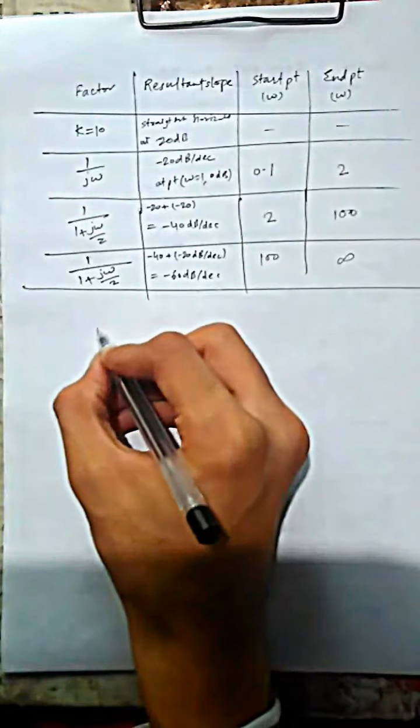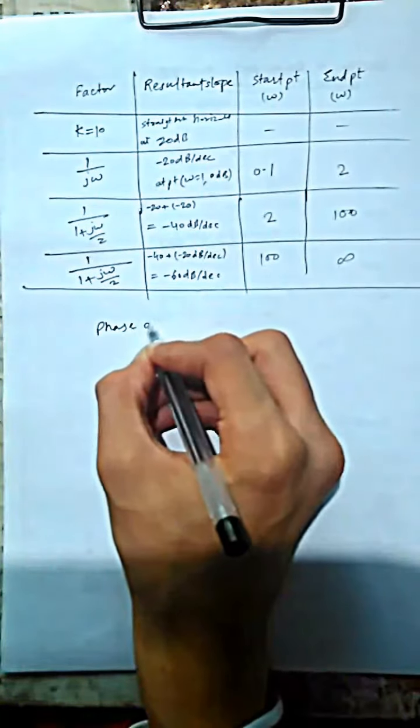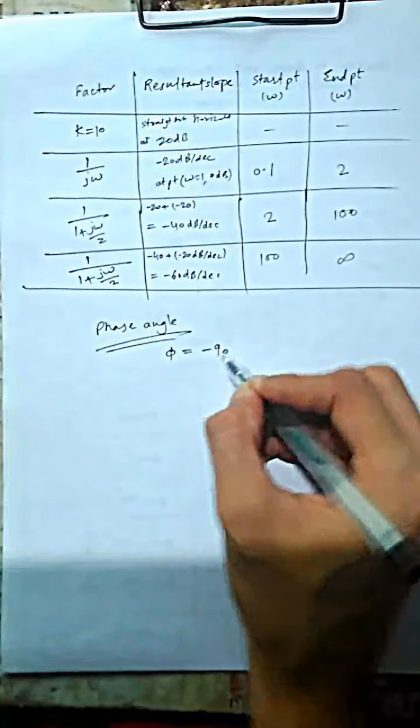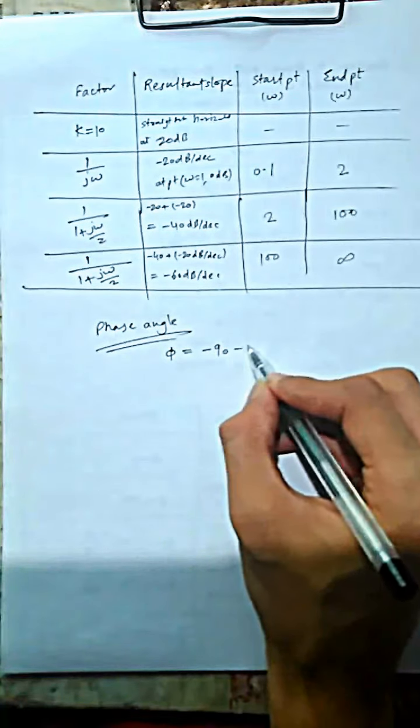So our second table is ready. Now the third table, which is really very easy, the easiest. Now the third table, which is for phase angle. Now the equation comes into the picture, which we had calculated, which was phi equal to minus 90. In the first table we calculated this equation.